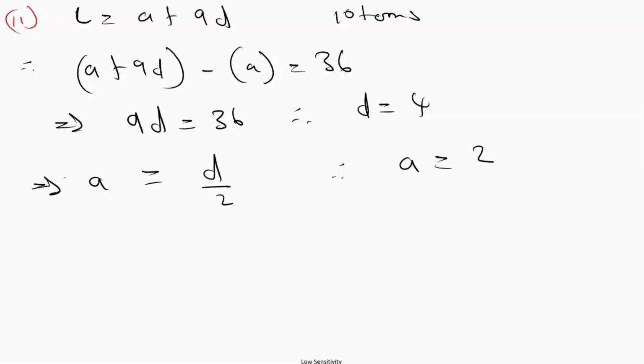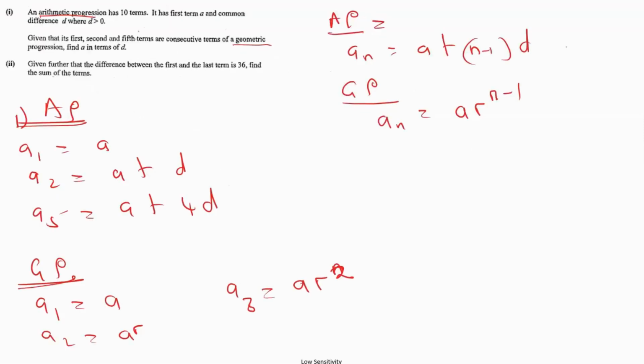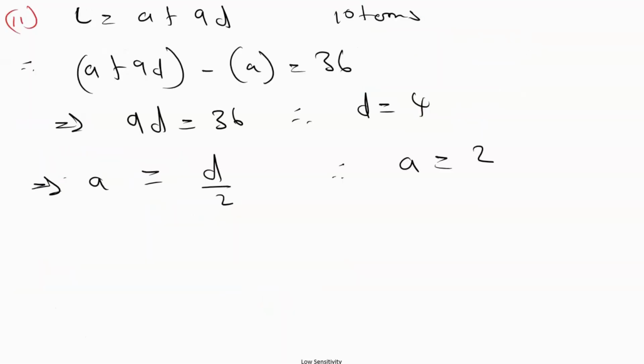So now we also want to find the sum of the terms. The sum of the 10 terms equals n over 2 multiplied by the first term plus the last term, which is a plus 9d.